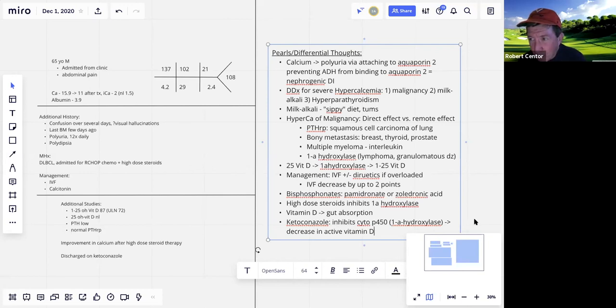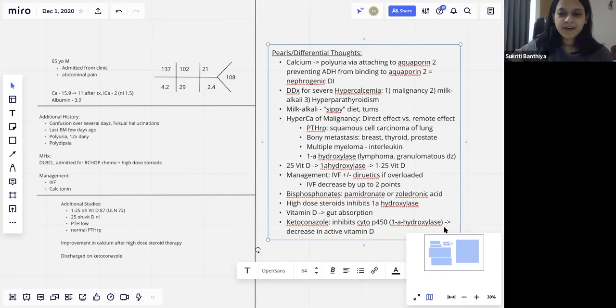So Sukriti, what are the big things that you want to take out of this discussion? I think one thing I learned today was just the underlying mechanisms behind hypercalcemia, even in the bucket of malignancy. The squamous cell carcinoma, the PTHrP, as well as the alpha hydroxylase and the interleukins.